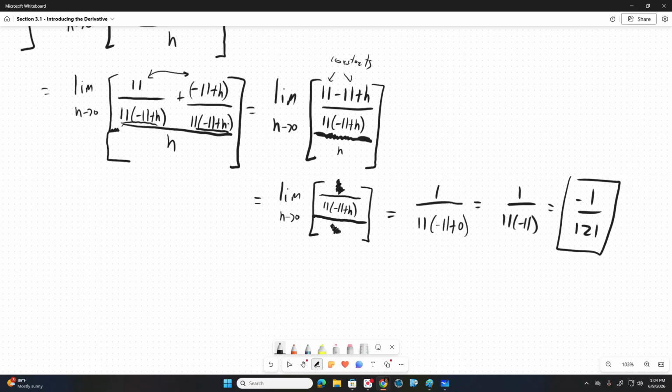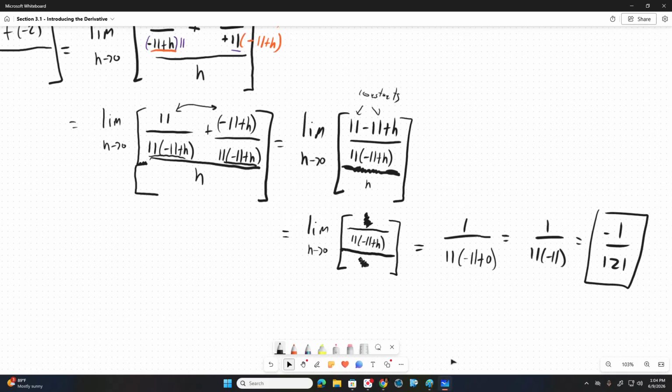Now, once again, that is the slope of the tangent line. All right, I want to talk about one more problem, and this is going to be more conceptual, and we're going to talk about how we can use derivatives in the real world.